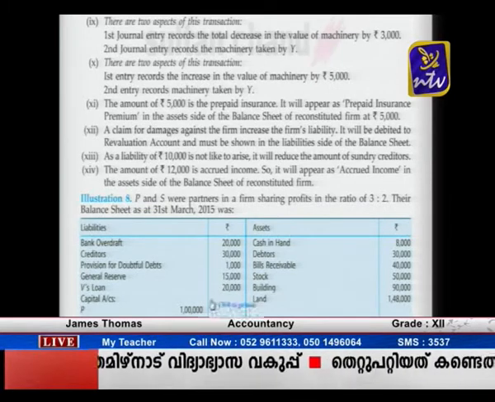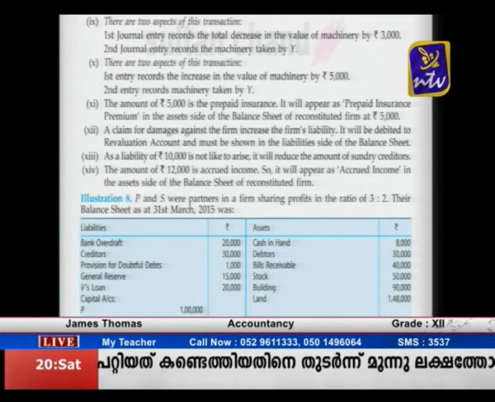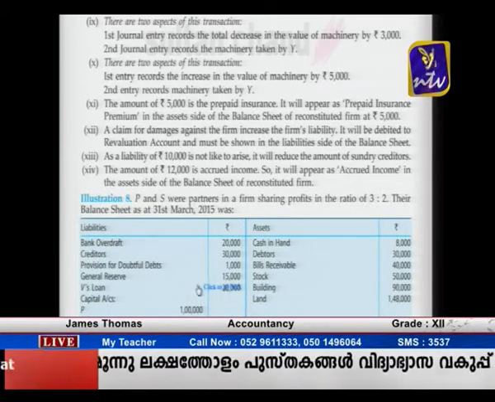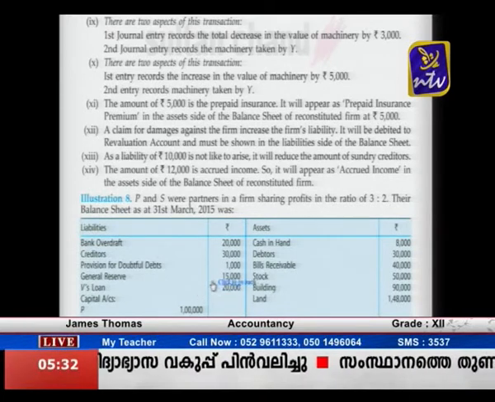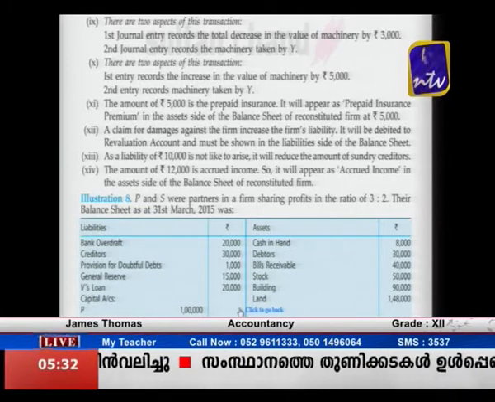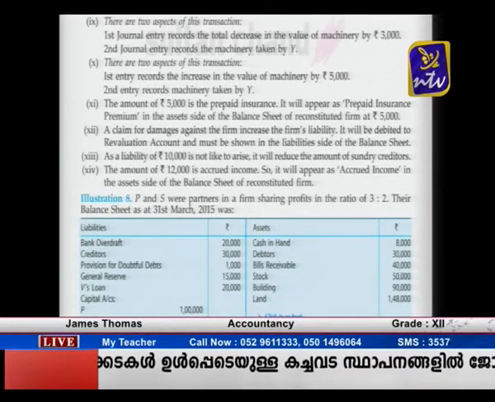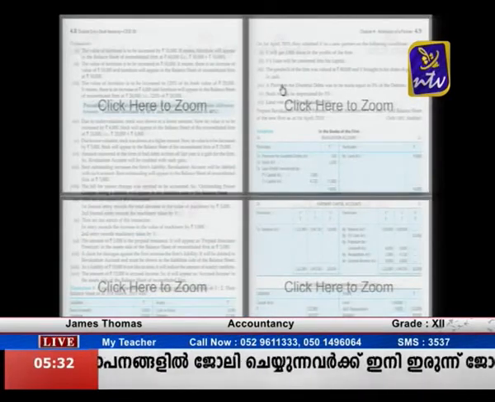So here P and S are partners in a firm sharing profits in the ratio of 3:2, and their balance sheet is given. And here V's loan is the main point, because we are going to convert it into capital. And cash in hand, debtors, bills receivable, stock, and building and land. These are the main items given here.